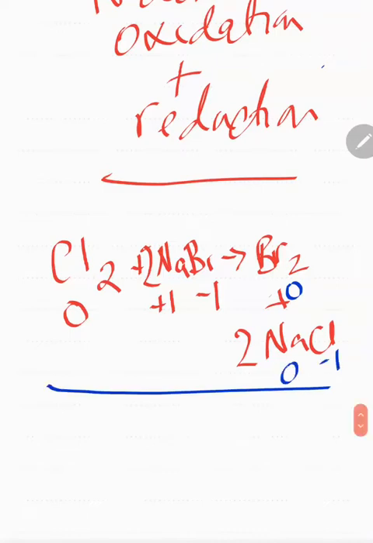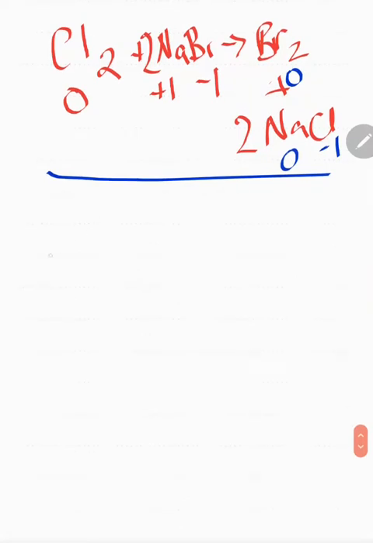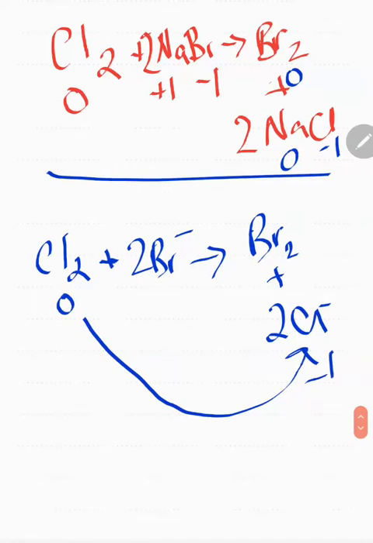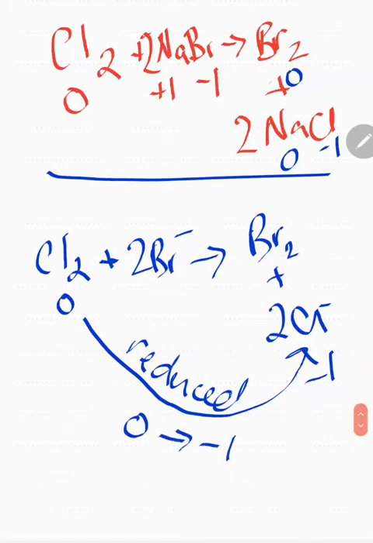Now let's make this equation into an ionic equation. Cl2 plus 2Br minus forms bromine plus 2 chloride ions. Chlorine now has been reduced because the oxidation state has decreased from 0 to -1. So decrease in oxidation state is reduction.